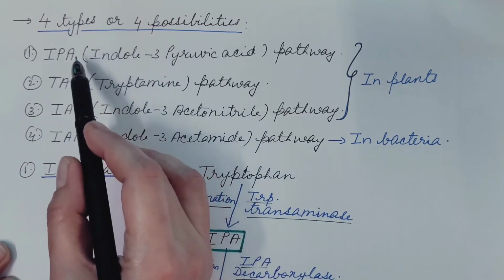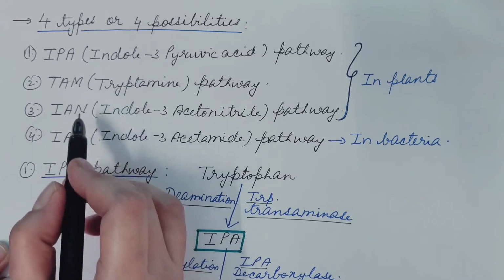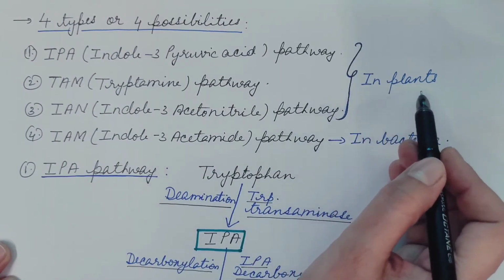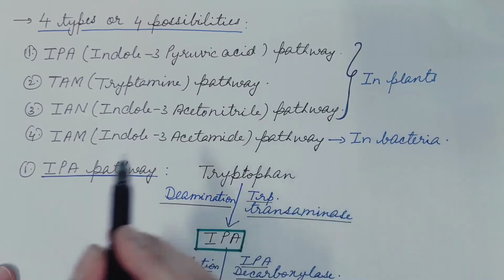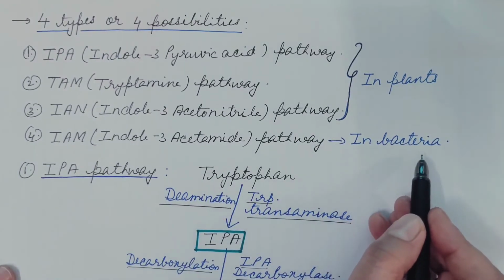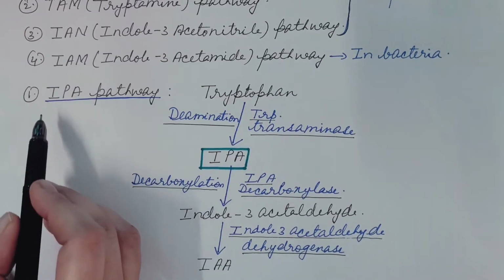Of these, the first three pathways, IPA, TAM and IAN, are used in plants. But the IAM pathway is used in bacteria, for example Agrobacterium. Now let us discuss these pathways in detail one by one.